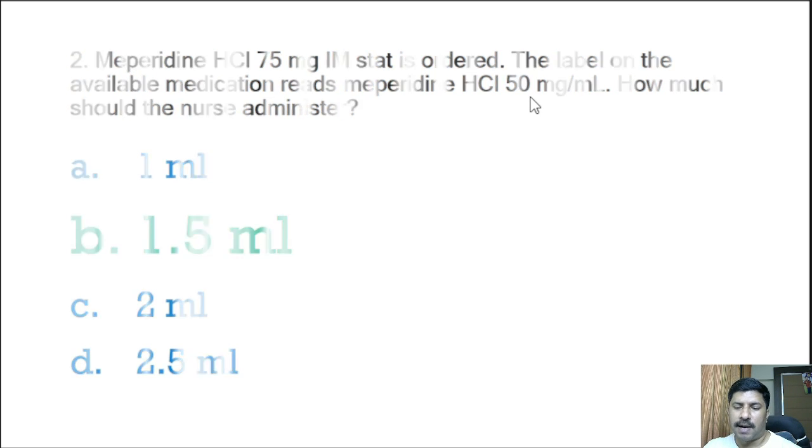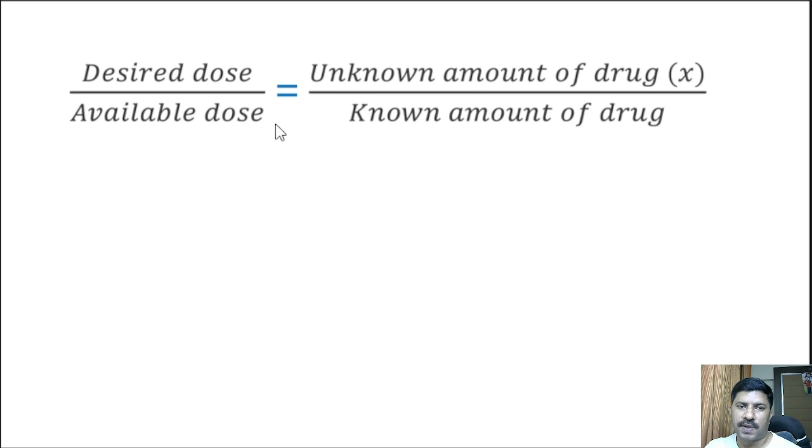So we will apply these values in our formula, that is desired dose divided by available dose equal to unknown amount of drug, that is X, divided by known amount of drug. Desired dose is 75 milligram. The meperidine is available 50 milligram per 1 ml. So the known amount of drug is 1 ml and the unknown amount we need to find out.